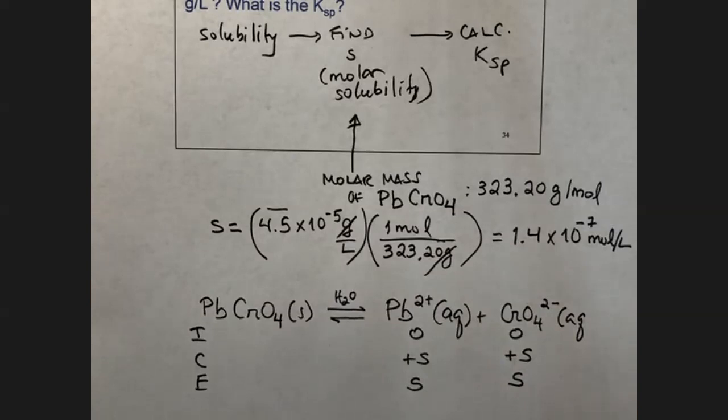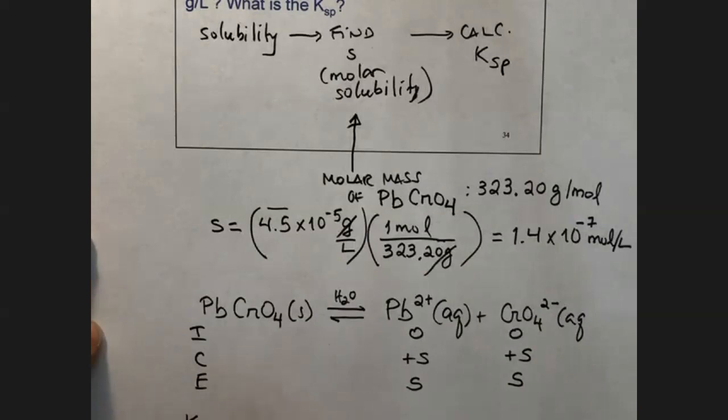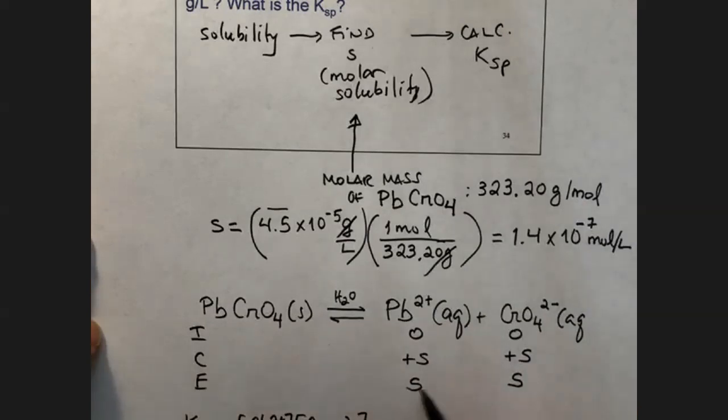All right. Now, in this case, Ksp would be the product of the concentrations of each ion. But since each one is S, this would be S squared. We already found out what S was: 1.4 times 10 to the minus 7.